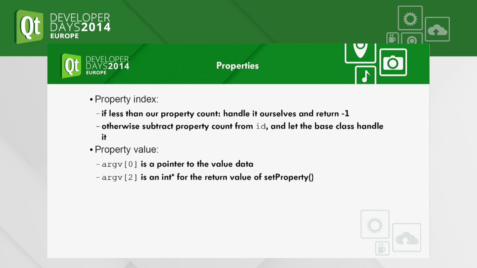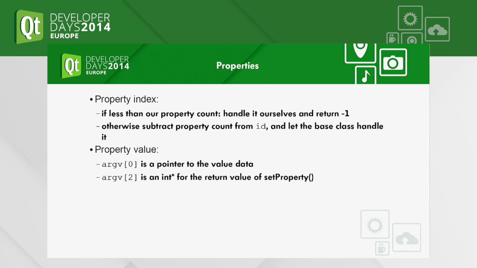And then we have this void pointer array. It requires a bit of digging through the code to find out what the individual elements in there actually are supposed to be, because none of this is really documented. So for reading and writing a property, the first entry is a pointer to the actual data. For reading, this is pre-allocated storage for the type of that property, in which we are supposed to write the actual value.